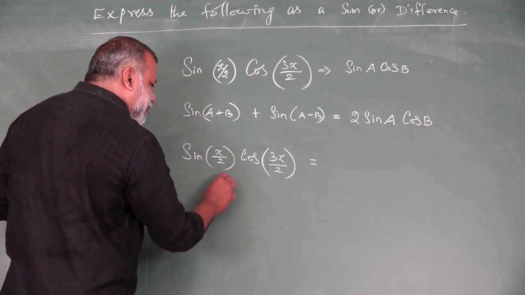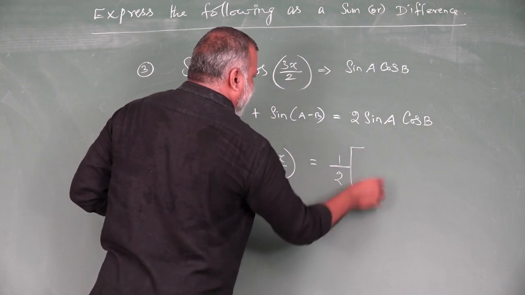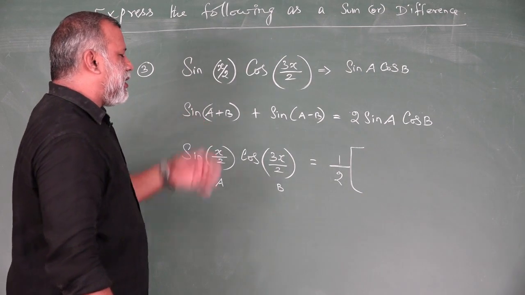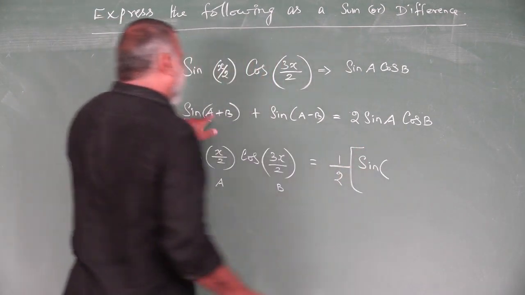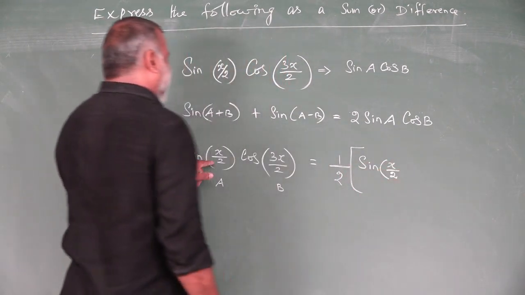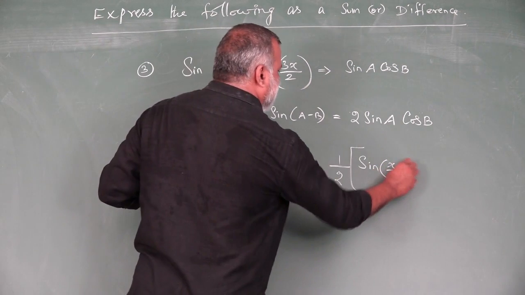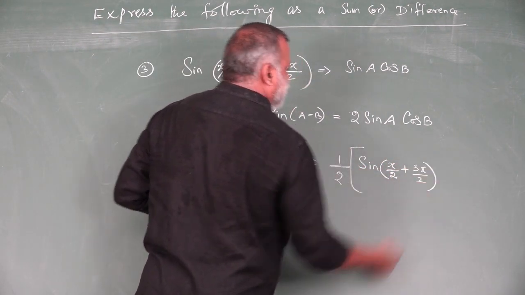Consider this is A, this is B. Therefore it is equal to half, since the 2 goes to the other side. Sine of A plus B: A is x by 2, B is 3x by 2.